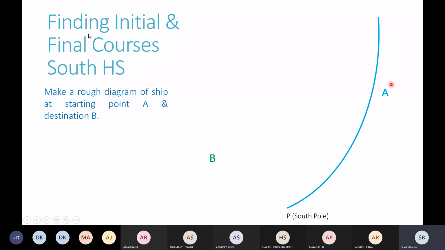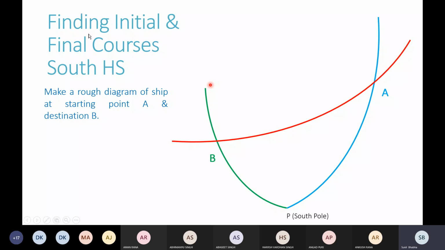The meridian of A is drawn now. PA, you can see the blue color line. The meridian of point B is also drawn. And let's now join point A and B with the great circle track. So in red color, you see the great circle track from A to B. The direction of the arrow shows the direction in which the ship will be proceeding.